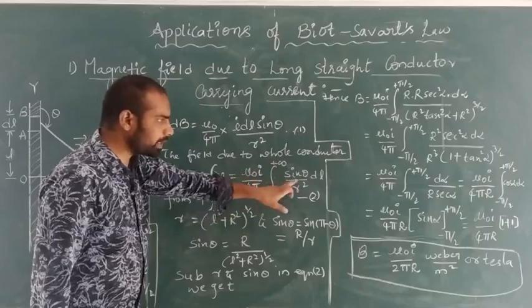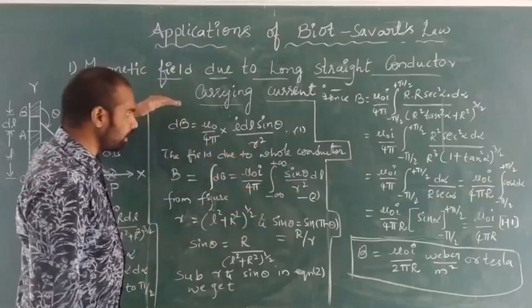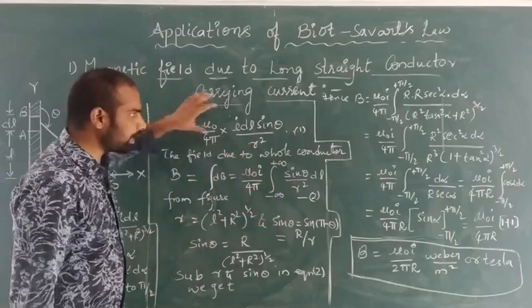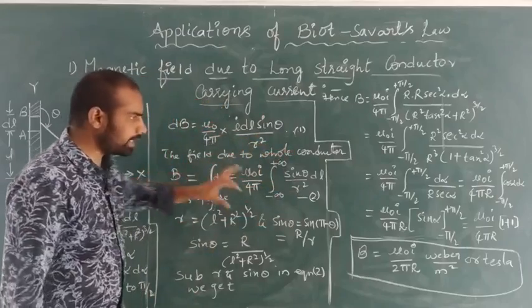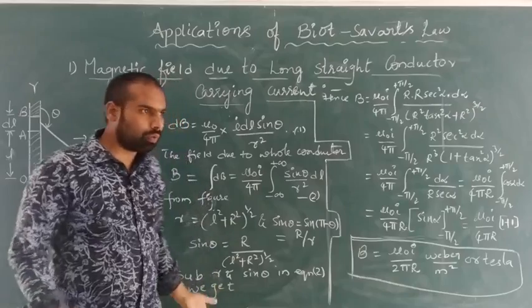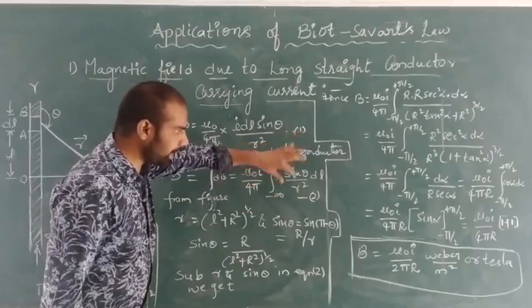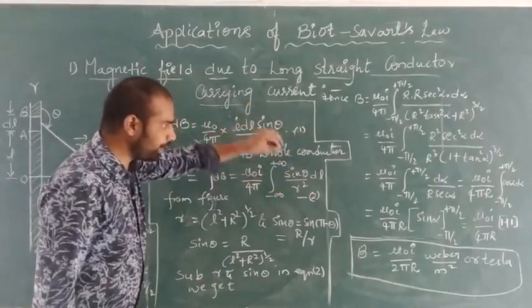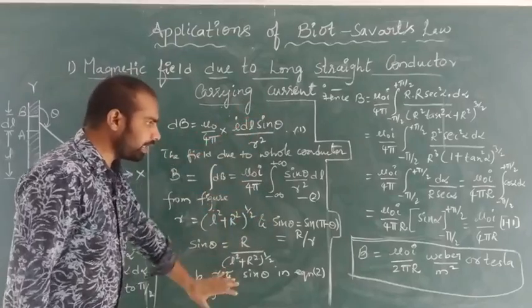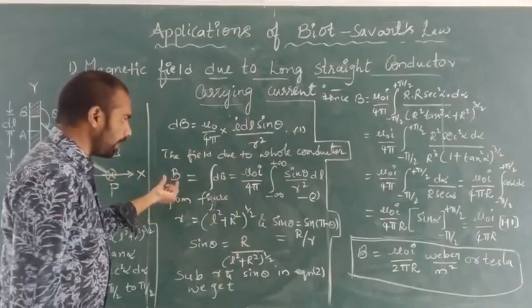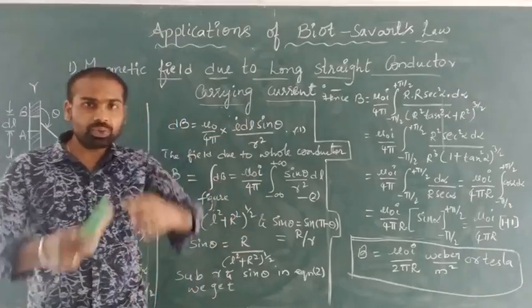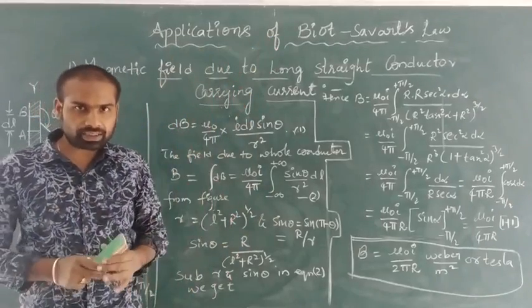Let us call this the first equation and this the second equation. Now we have to find the values of sin theta, r square and dl, put them in this equation and solve it, and we will get the magnetic field induction due to the entire infinitely long conductor.